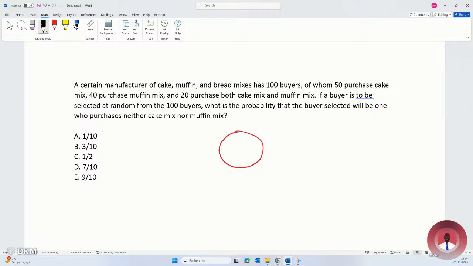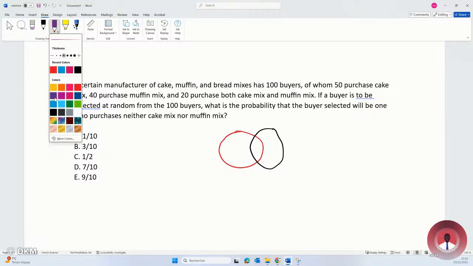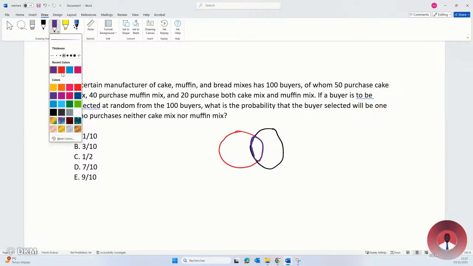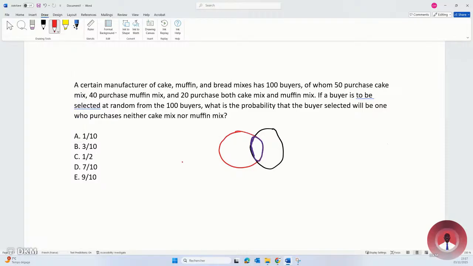Change this. And then we have here. Okay.